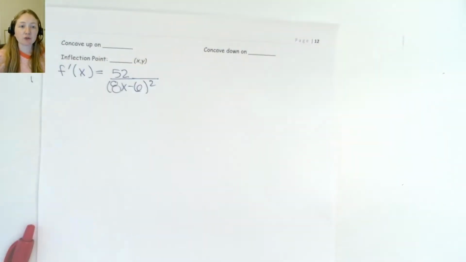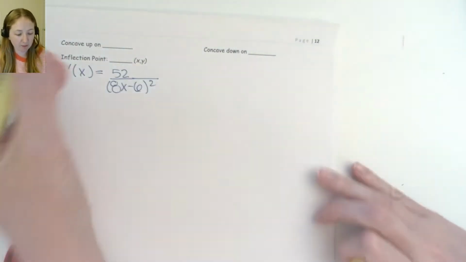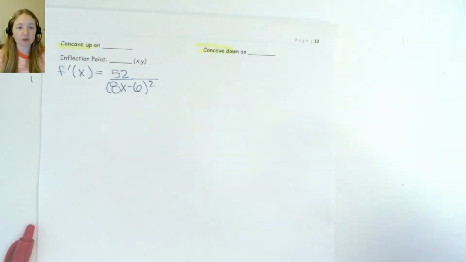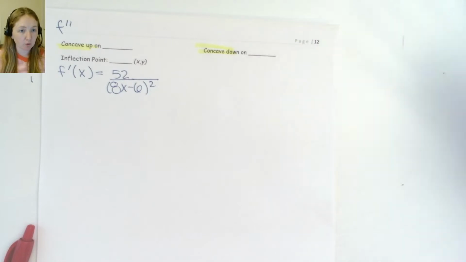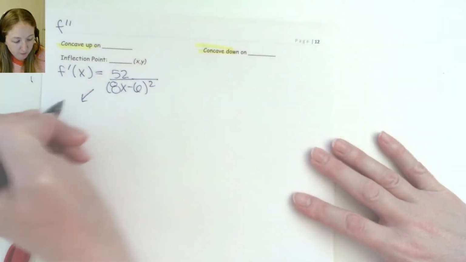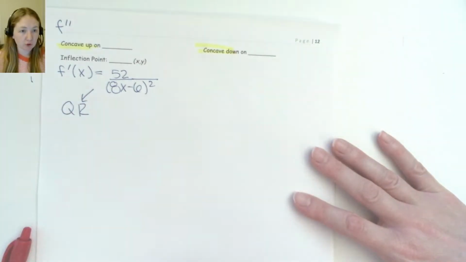And now I need to answer the questions of concave up and concave down, which of course is related to our second derivative. Now, there are two options to finding the second derivative, and again, it's totally up to you how you want to approach this. One option is that you can go through the quotient rule.